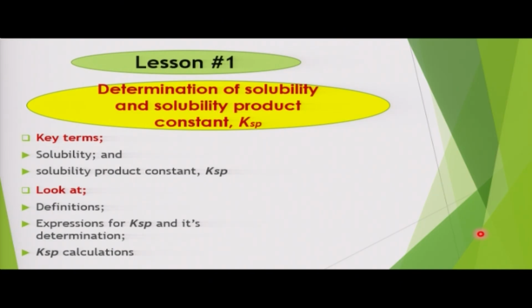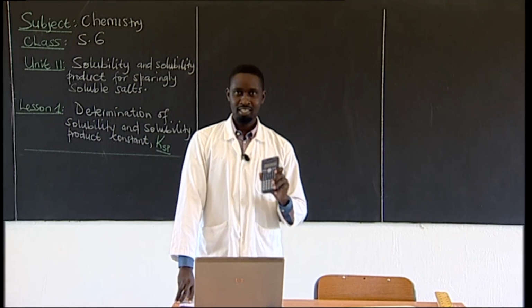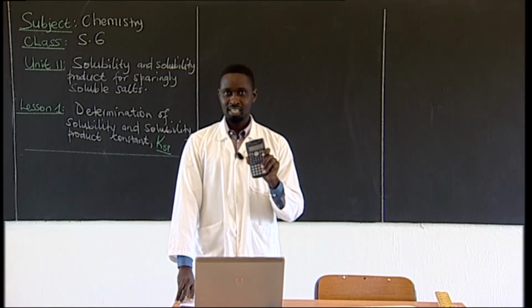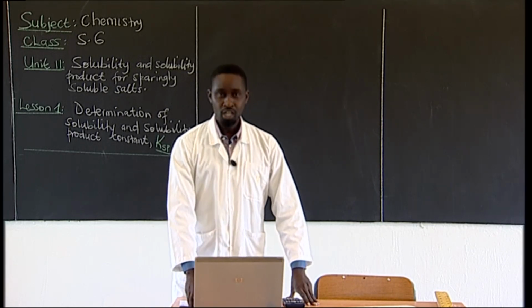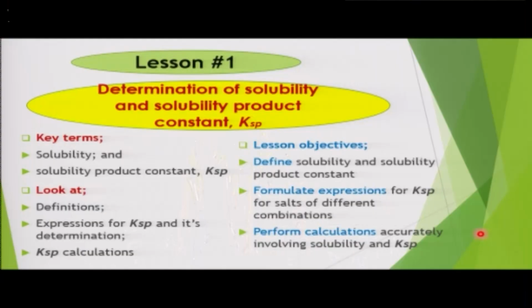We determine it theoretically, see the methods used to determine it. Then we carry out calculations. I expect you to be ready with your calculators, of course scientific calculators, because we shall be using them now and again. So, what are our objectives today?